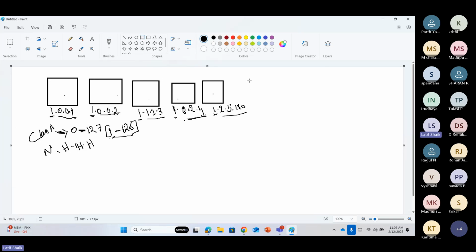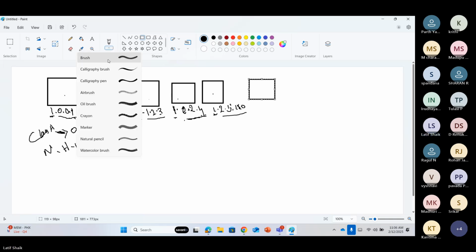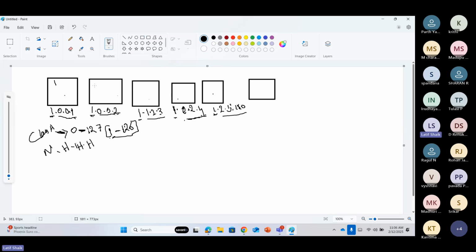Now the last two points. I have taken the first system, second, third, fourth, fifth, and sixth. In the sixth one, I configured 2.0.0.4. So what happened here? Take the first portion, 2. For all the other systems, the first portion is 1.